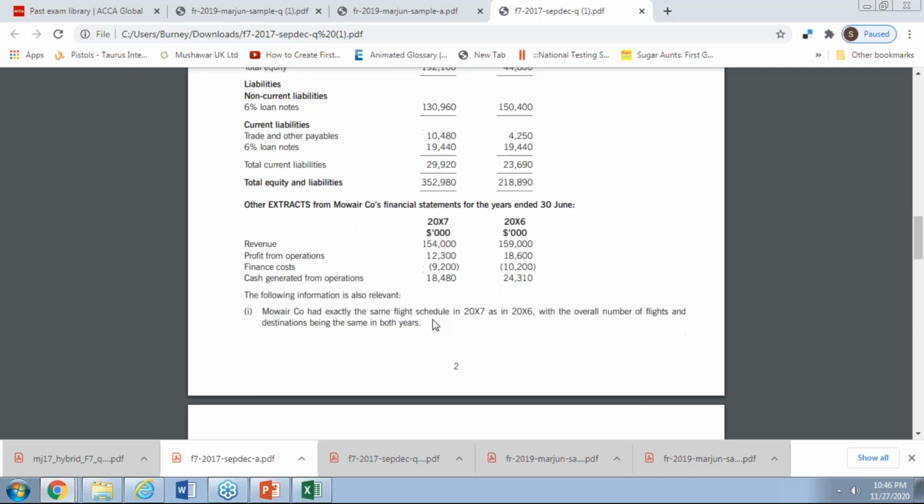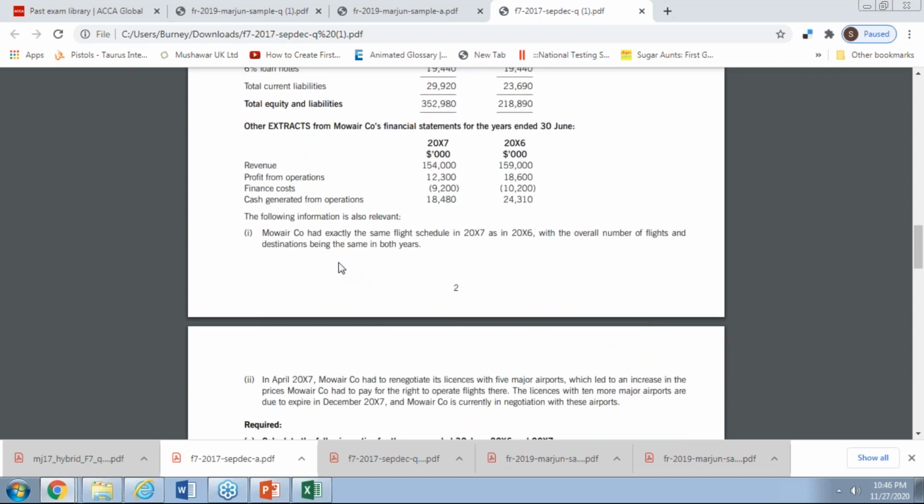Information is also relevant. Moyer had exactly the same flight schedule. Now, this is the most important point that you should consider: when you have the same flight schedule, how can your revenue go down? So if the company has got the same flight schedule, what will be the reason for decreasing the revenue of the airline?